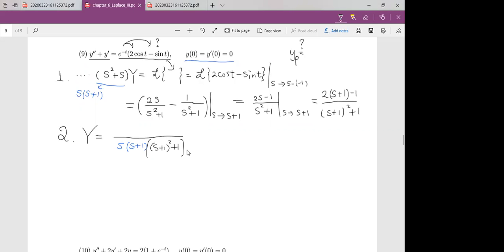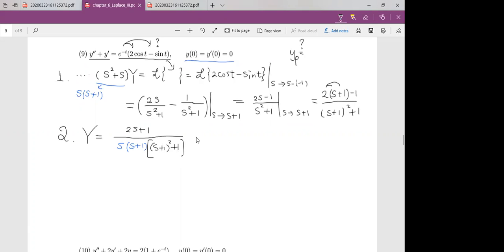Probably, let me use a bracket instead of this. So this is our denominator. What about the numerator? You distribute or simplify 2s plus 2 minus 1. So 2s plus 1. Very good.